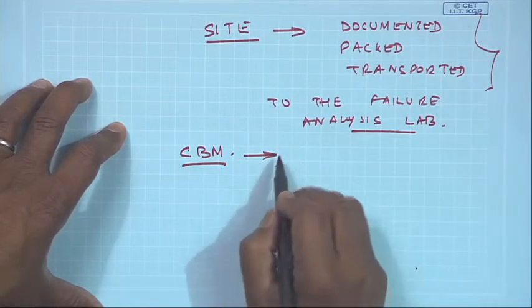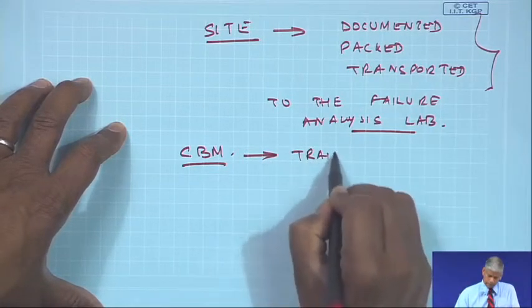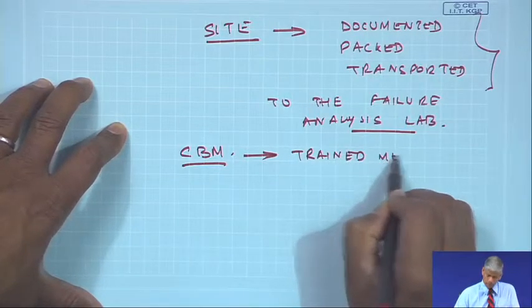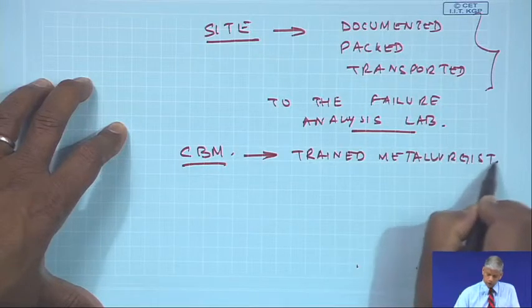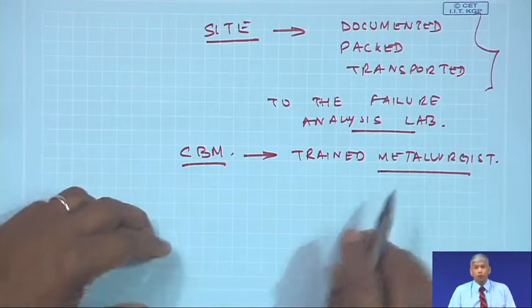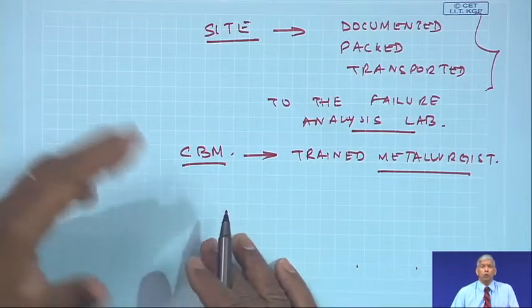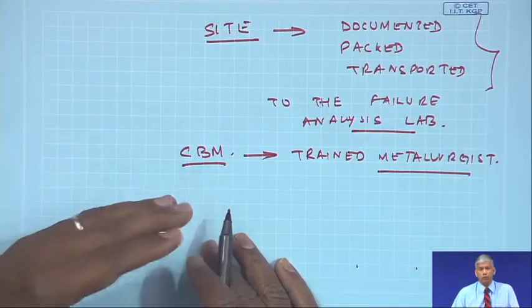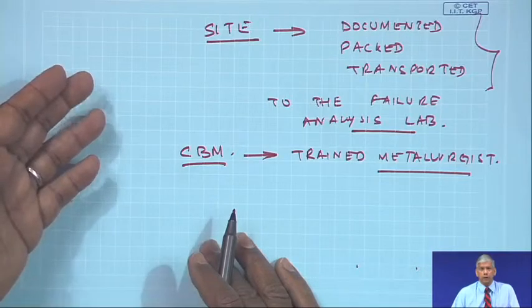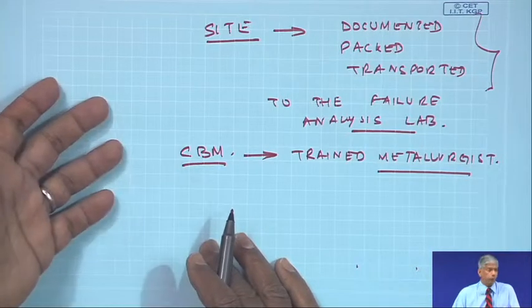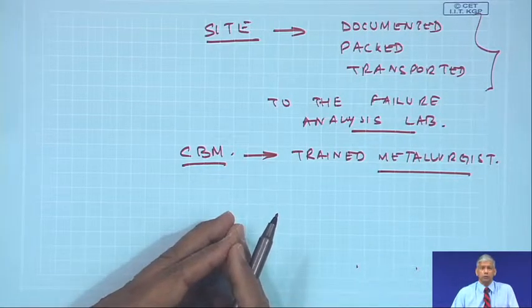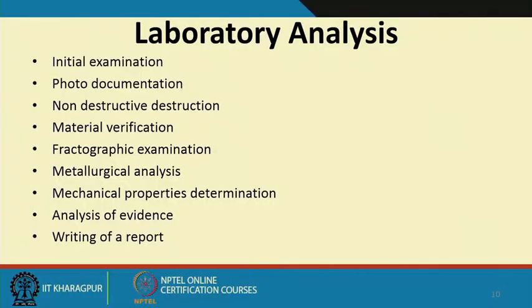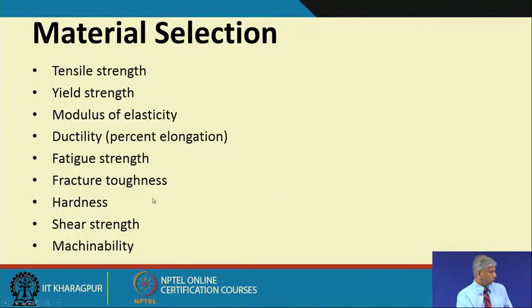Then this will go to a trained metallurgist who will do such analysis and, from the grain structure, SEM, XRD analysis and spectroscopy analysis, tell you the composition of the material, the grain boundaries, the grain structures, the process of heat treatment, etc., and how this has happened. And then of course, you have to write a report.